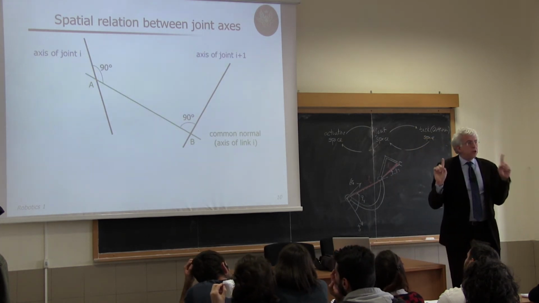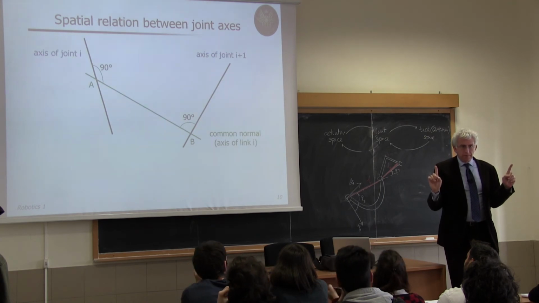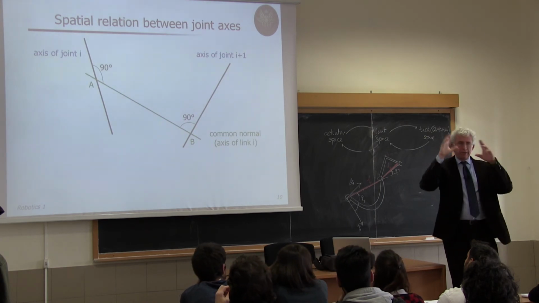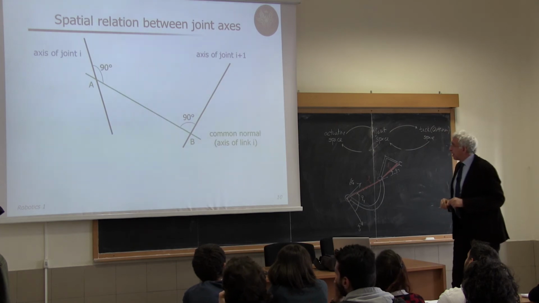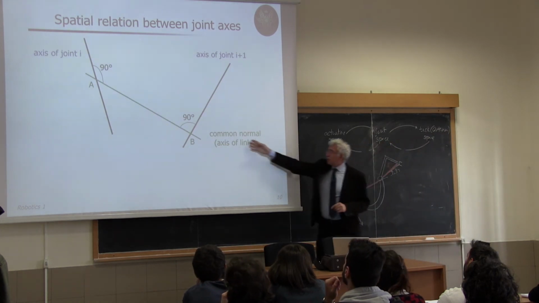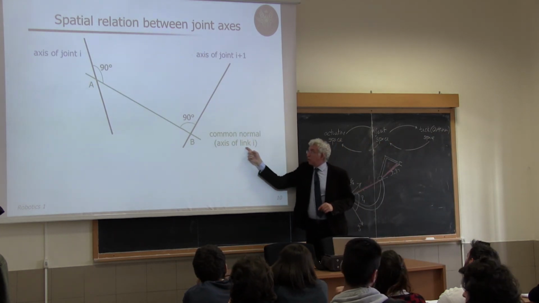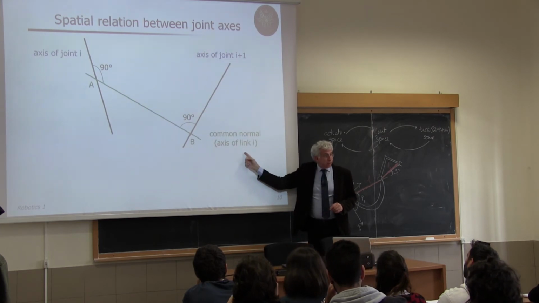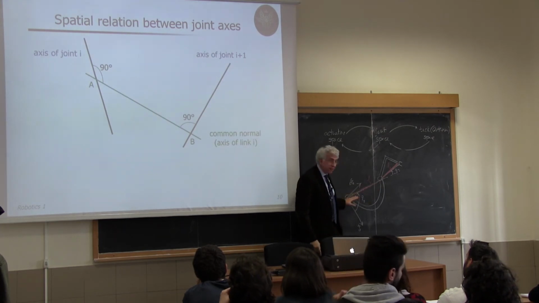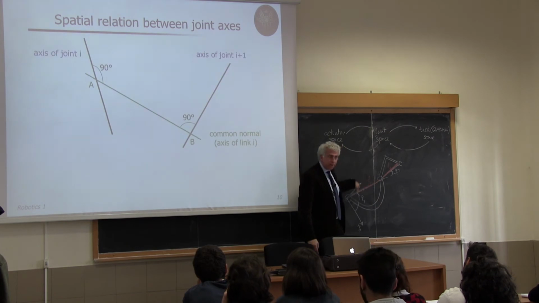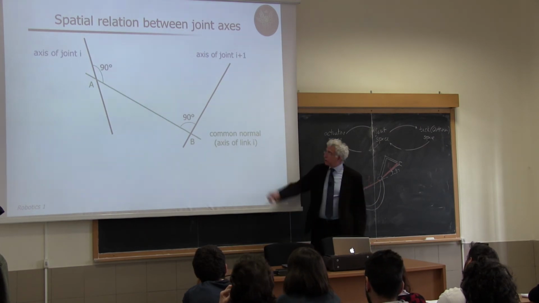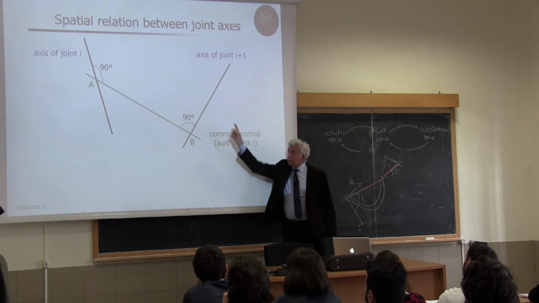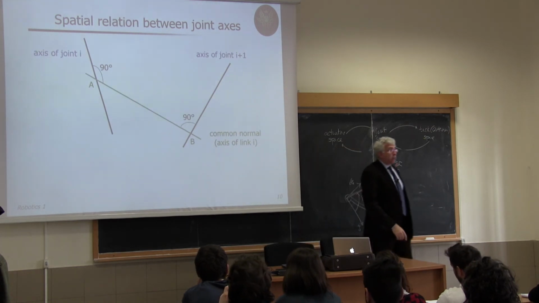Are you convinced that there's a unique one in general? There's only one. It's hard to visualize, but this is the common normal. It will be called the axis of the link, the kinematic axis. This one, not this one. So it's the common normal between two successive joint axes.